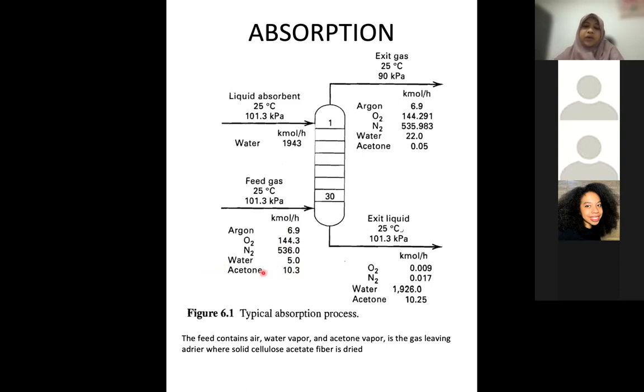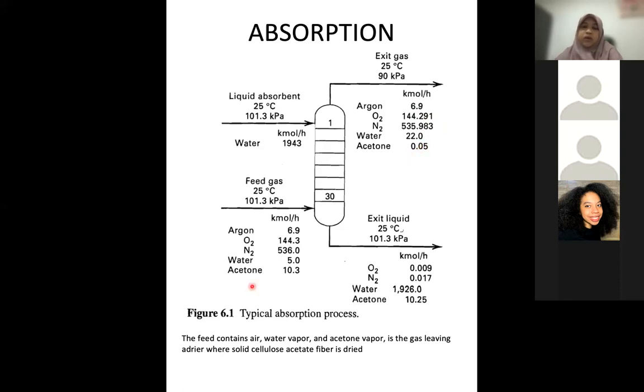Okay, so the feed contains air, water vapor, and acetone vapor as a gas, and then it is absorbed in the absorption column, and the gas leaving the absorption column will still contain a little bit of water, nitrogen, argon, oxygen, but a very small amount of acetone.